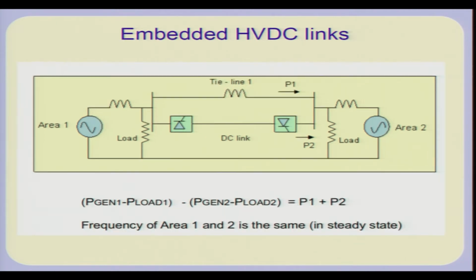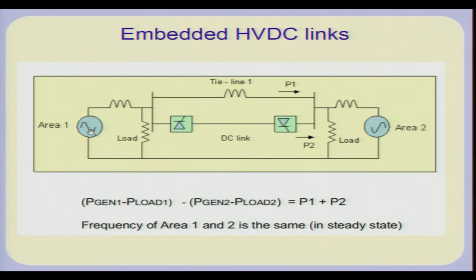If you have got an embedded DC link in an AC system, like for example in this situation the DC link is in parallel with an AC link, then of course we are back to square one. This is not a asynchronous link, it is a synchronous link, because this HVDC link gets embedded in the AC system; there are AC transmission paths connecting these two systems.